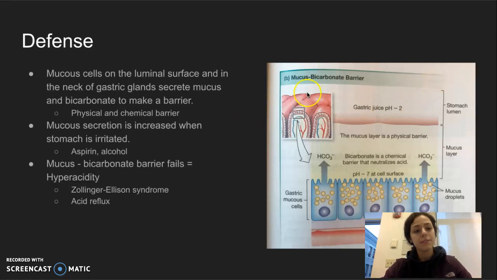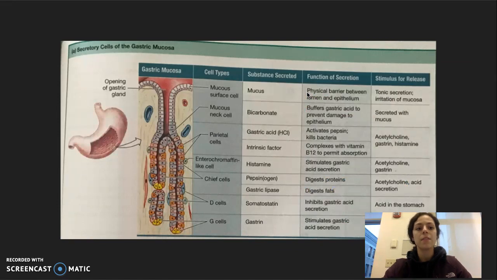So that's defense. And then this is just a slide showing the secretory cells of the gastric mucosa. You can see the different cells and what takes place in each cell. In the mucus surface cells, mucus is obviously secreted, and this is stimulated by the irritation of the mucosa, and its function is a physical barrier between the lumen and epithelium, like we talked about.